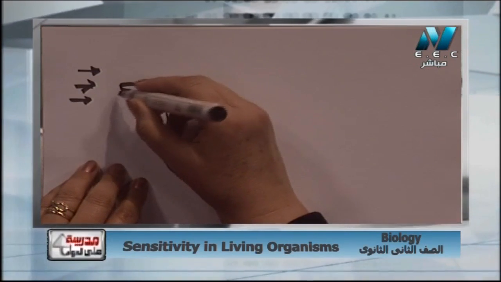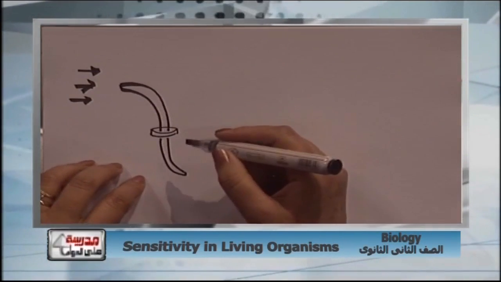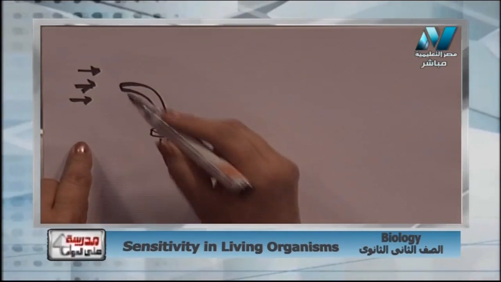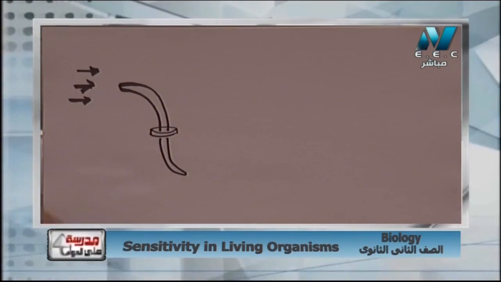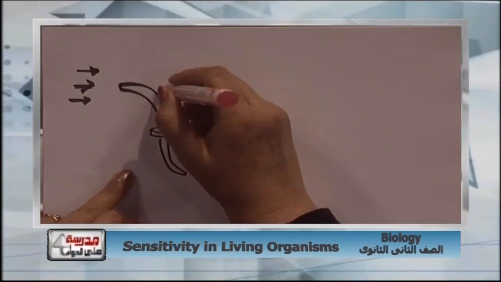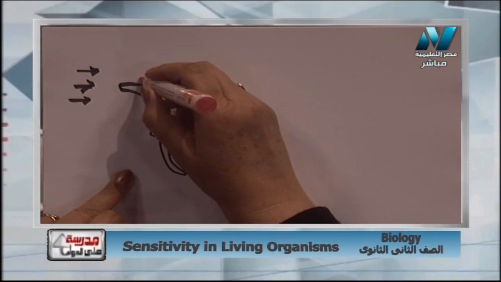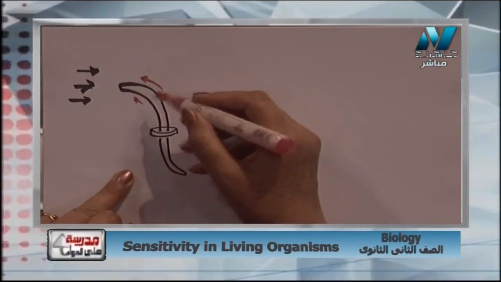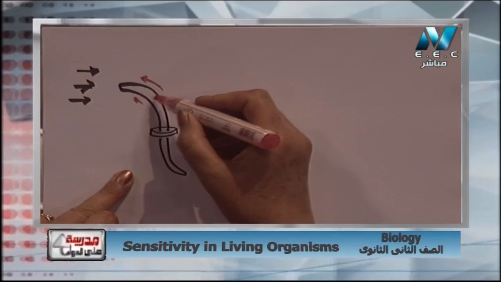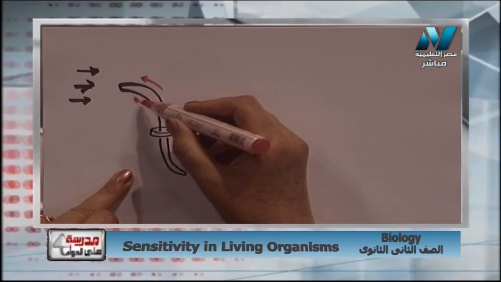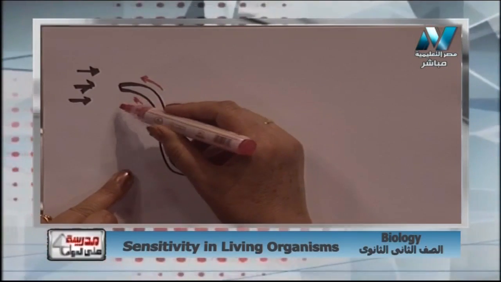So the plant grows, the stem grows towards the light like this. What causes the curvature? As you notice, this side grows more than this side. So the growth in the side away from light is much greater than the growth of the side towards the light.